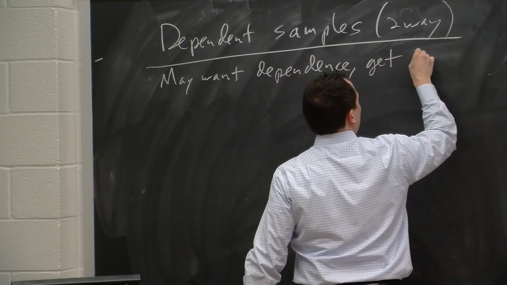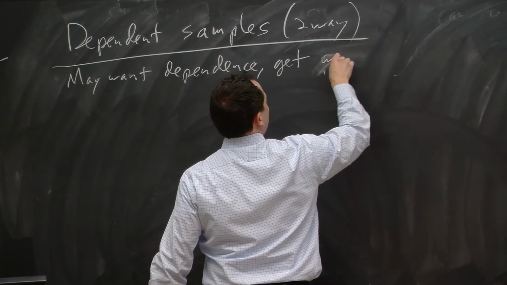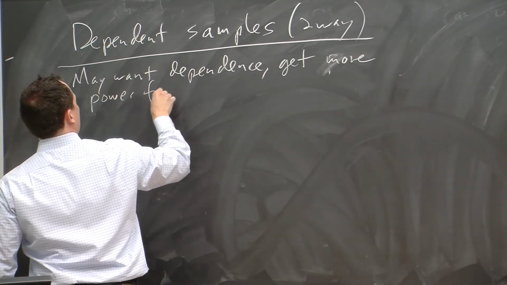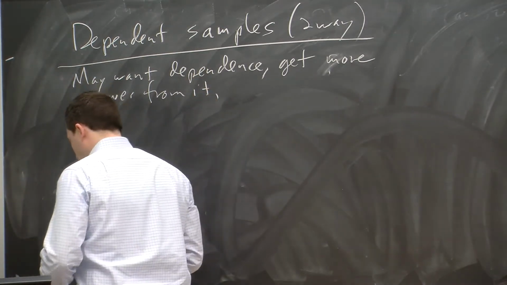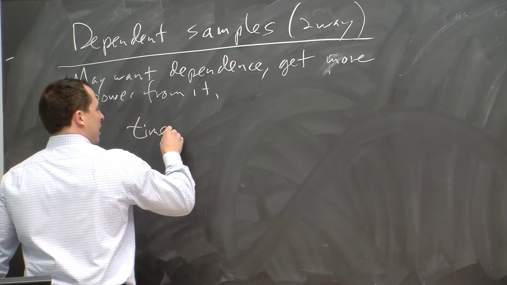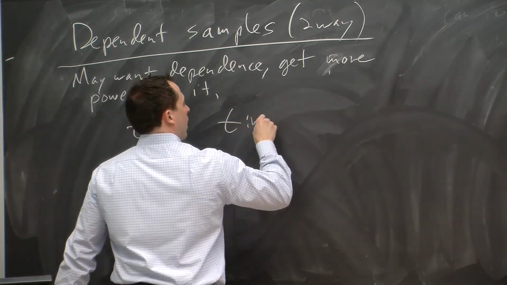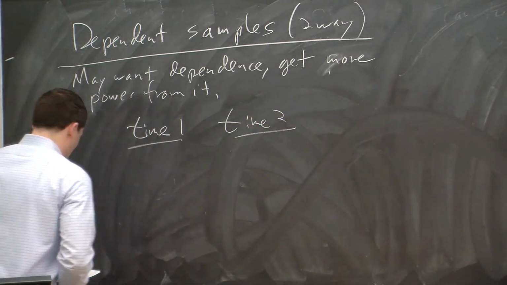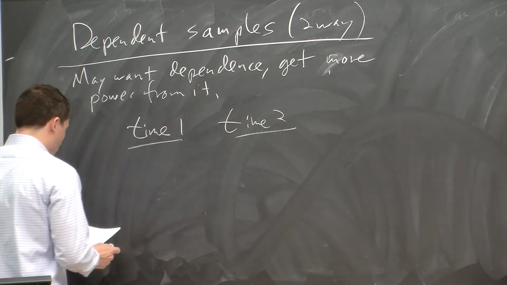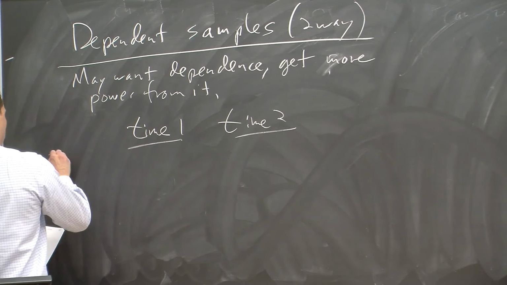And again, we're going to have a situation where we get more statistical power. So the typical example is we have two different times, time 1 and time 2, and we have two possibilities.